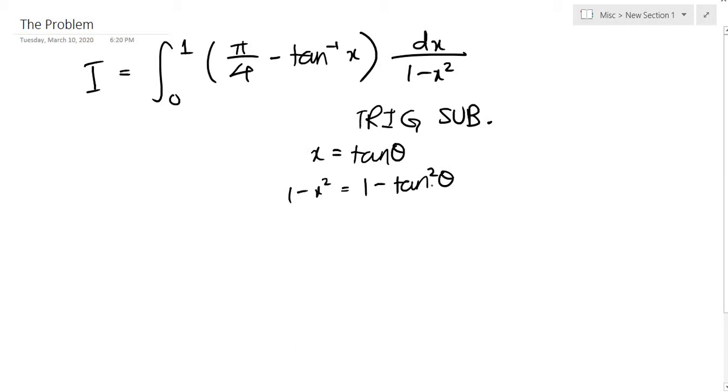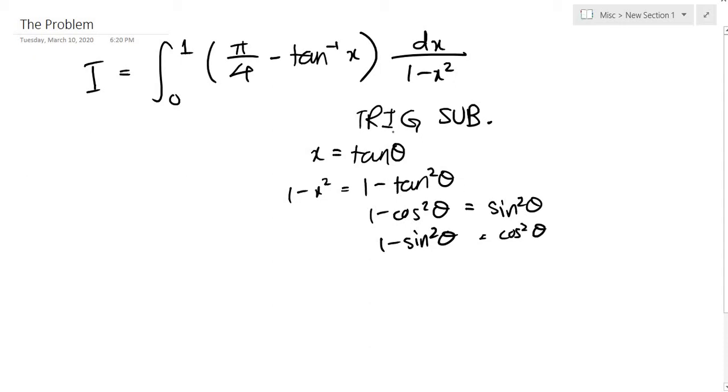And this doesn't amount to much because we don't have any square identity that has 1 minus tan squared of theta. We have 1 minus cosine squared of theta. We have 1 minus sine squared of theta being equal to, in this case, sine squared theta, and in this case cosine squared theta.